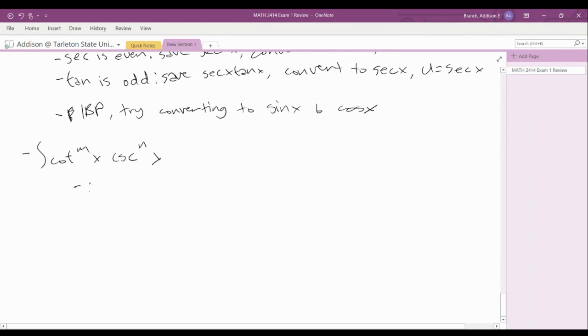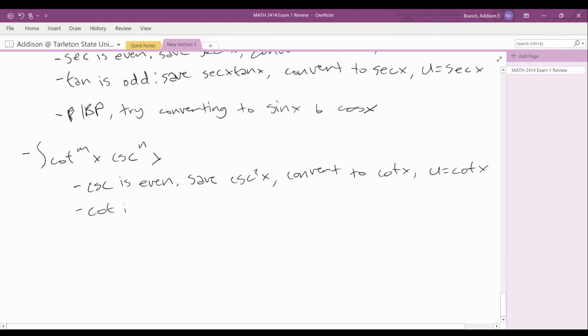If cosecant is even, save a cosecant squared, and then convert to cotangent and do a u sub for cotangent.